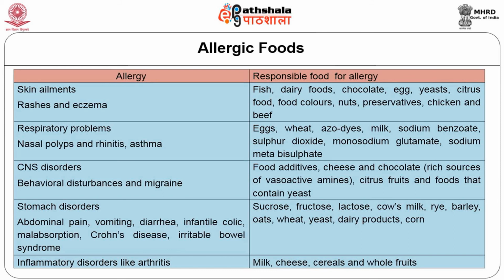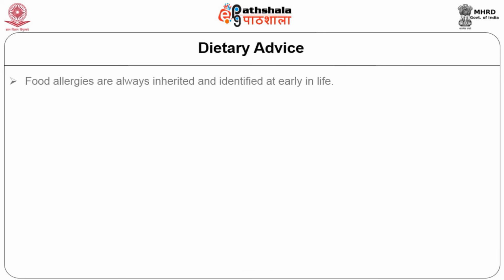And intake of milk, cheese and any other milk products, cereals and whole fruits may lead to inflammatory disorders like arthritis. Food allergens are always inherited and identified in early life.